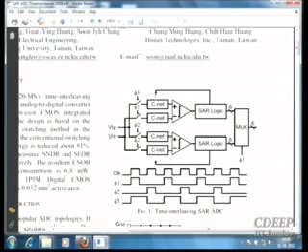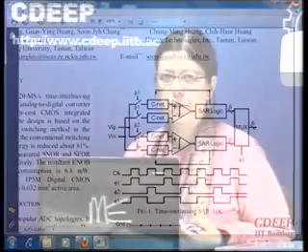So what was pipelining? Pipelining was to generate some number of bits per stage. When one stage is doing its job, it is just focusing on 2 bits, and the next stage is processing the previous 2 bits which have been received, or 1 bit or whatever, and so on. So it was helpful to improve the throughput or sampling rate of the ADC.